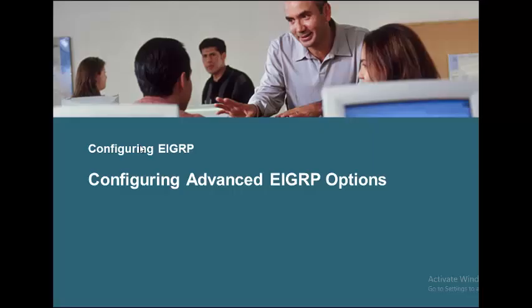This chapter, configuring EIGRP advanced topics, is going to give us knowledge on things like summarization, especially summarization, and then knowledge on enabling EIGRP to support unequal cost load balancing.